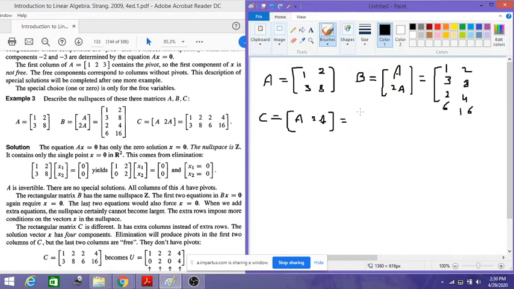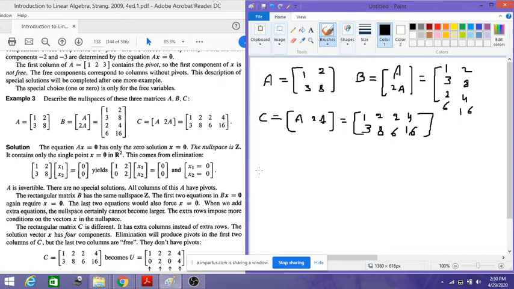It is like a concatenation. B is a concatenation of A and 2A, and C is a column-wise concatenation of A with 2A, so I'll get this as 1, 3, 2, 8, 2, 6, 4, 16. It's very simple.